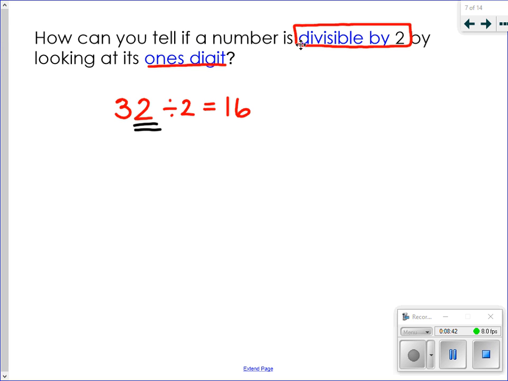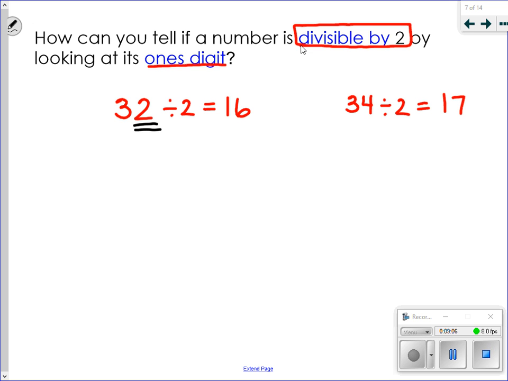Well, let's try another one and let's see. Here's another example. 34. Is this number divisible by 2? Can we divide it by 2? Well, what's half of 34? 17. Yes, we can. 34 is divisible by 2.